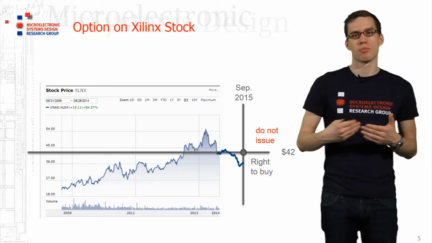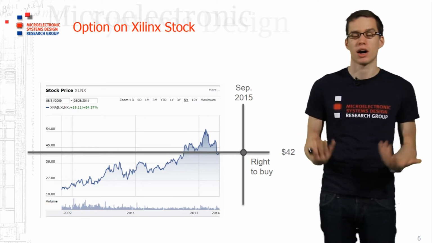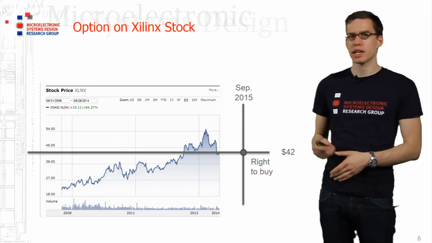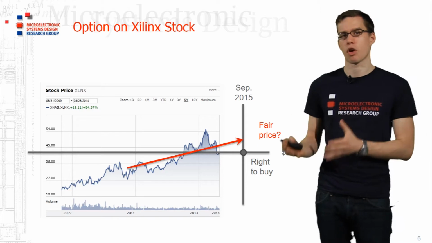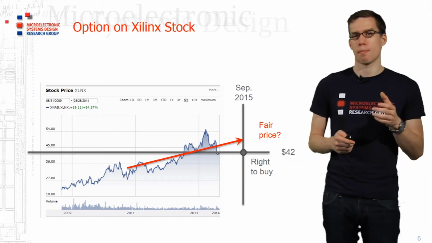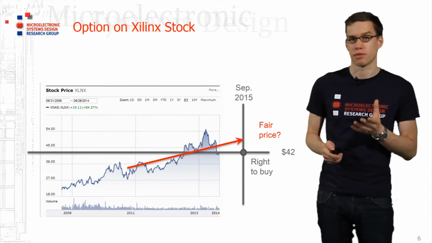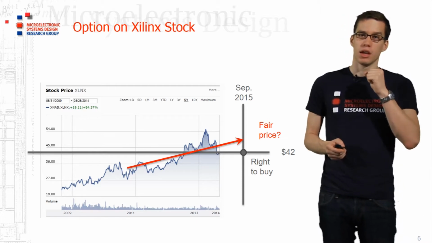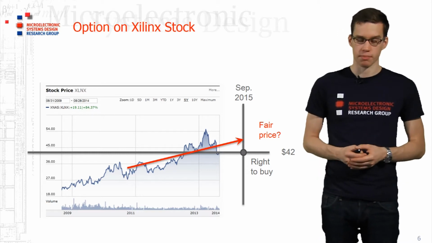There are many different models for how you can do that, and the banks have come up with very advanced models. But even looking at this simple stock, you can see the stock price tends to go up. So the average profit will maybe be about $5. And that's probably a good fair price.